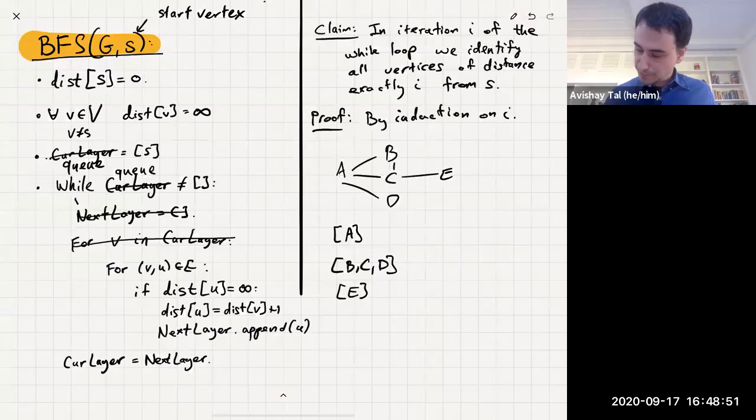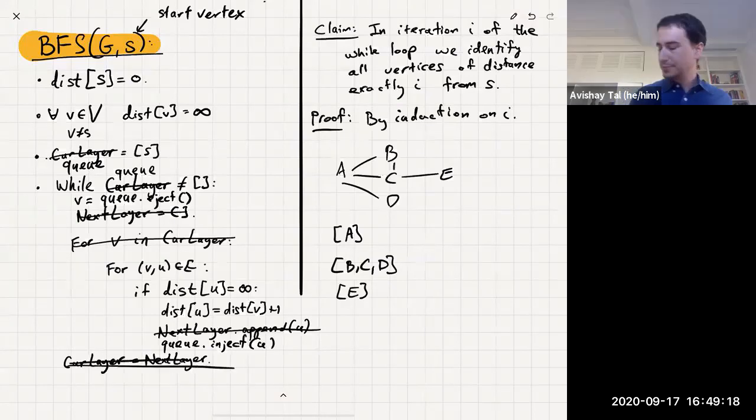We just take V to be the first element in the queue, and here we inject U to the queue. And then we don't need to.